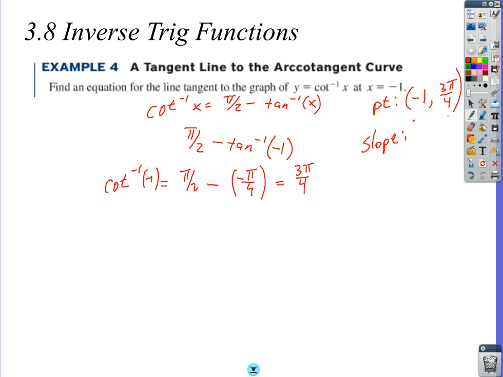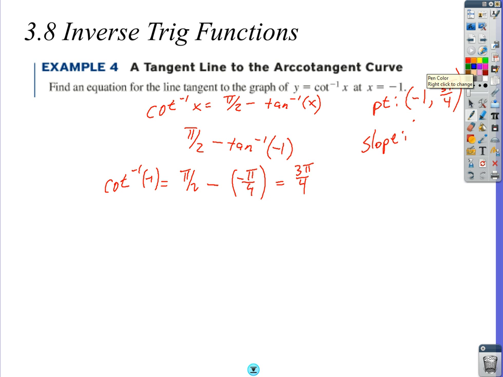So now finding my slope. My slope is actually significantly easier to find compared to what I just did. The derivative of inverse cotangent is just the negative of the derivative of inverse tangent, which sounds complicated, but just read the formula, it's okay.